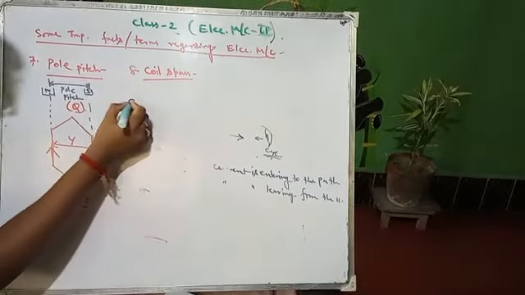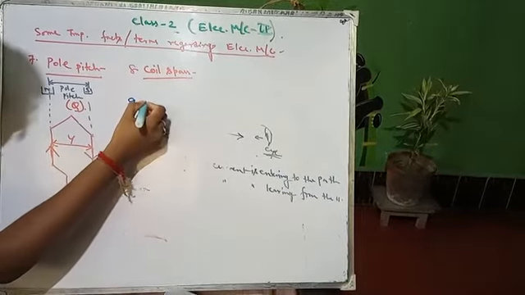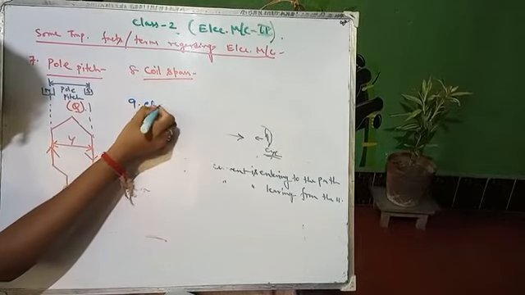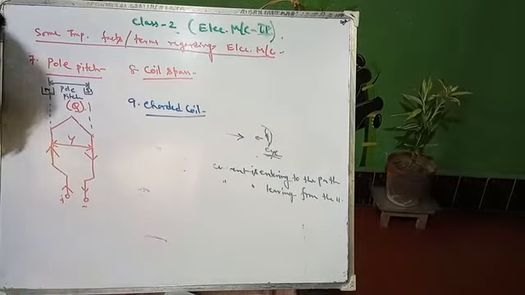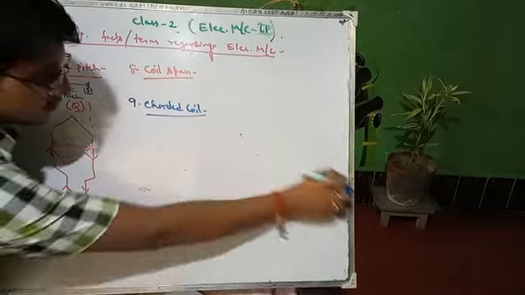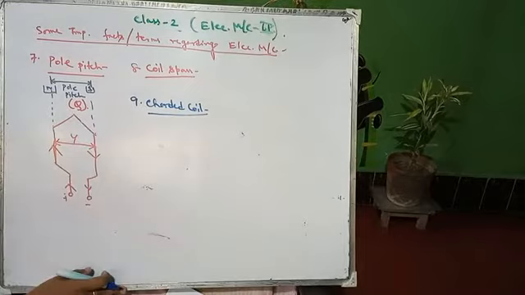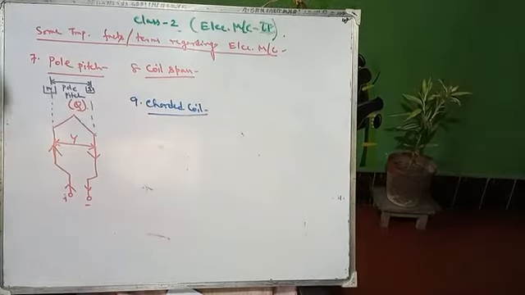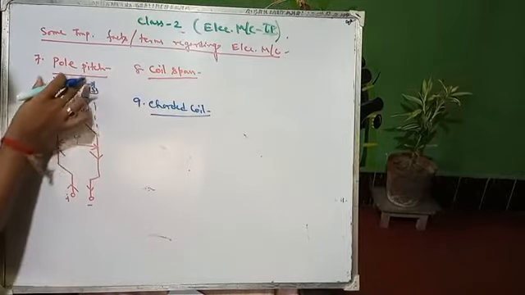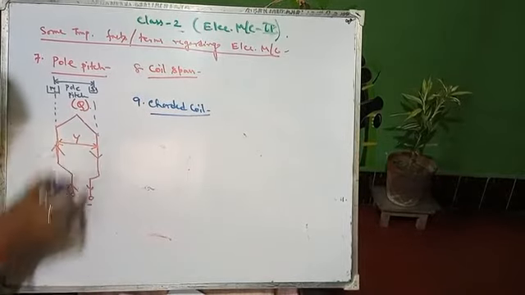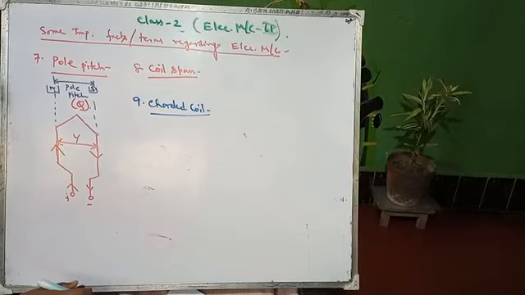Next, nine: chorded coil. Today I will discuss the chorded coil. If the pole pitch and the coil span are equal, then it is called a full pitch coil.